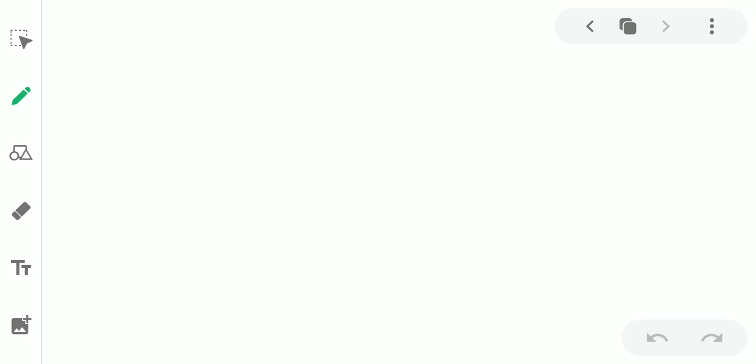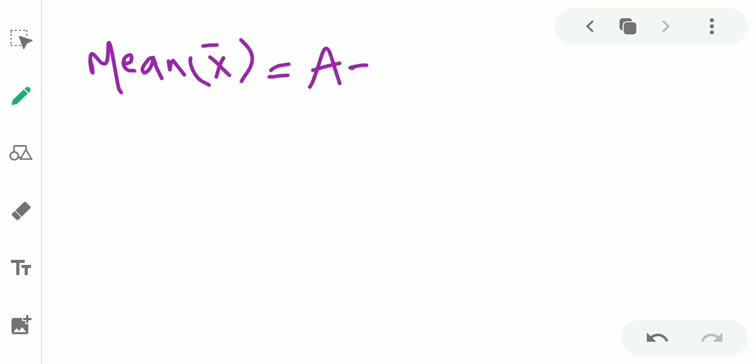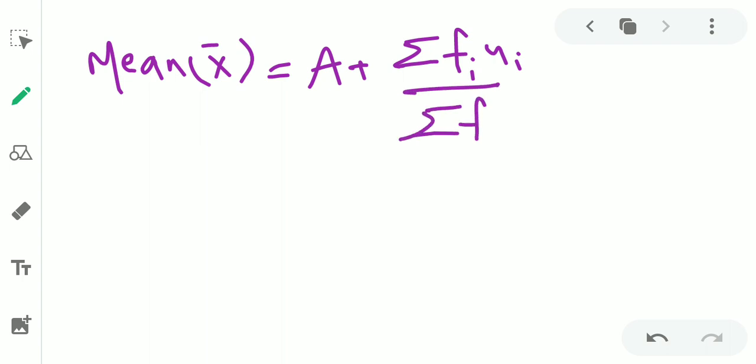Now we are going to find the mean using the formula. Our formula for mean is x bar equals a plus summation fi ui divided by summation fi, into h.